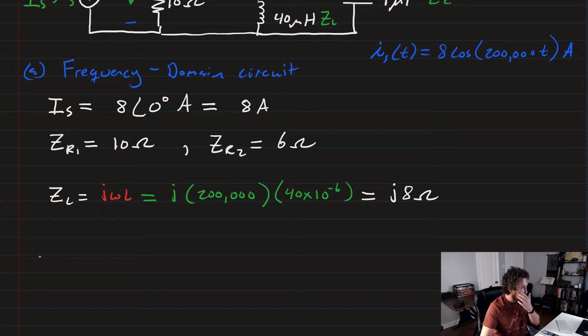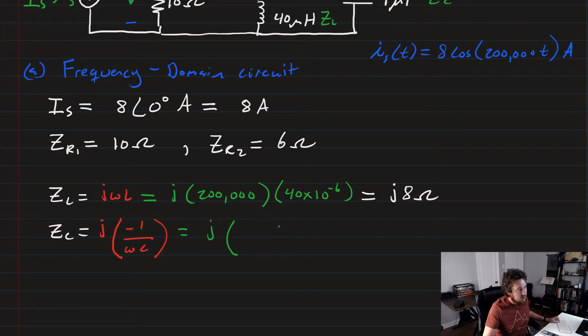And then finally, our capacitance for our capacitor there, so Z sub C. Remember, that's equal to J times -1 over omega C. So dropping that in is going to give us J times -1 over 200,000 times 1 times 10 to the -6.